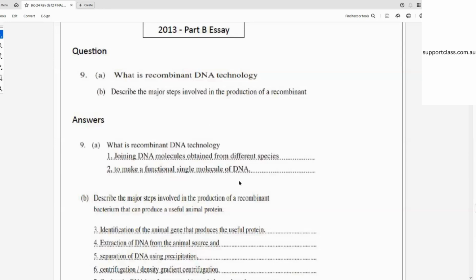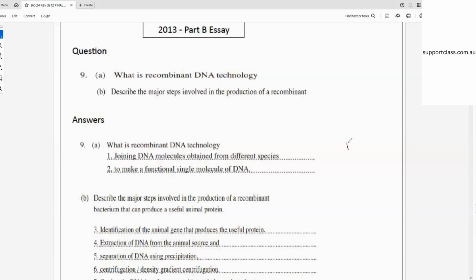So what do you mean by functional? You can join two DNA molecules together from two different species, but if it is not functional, that is not the recombinant DNA technology. The example we know for recombinant DNA technology is the vector, right?